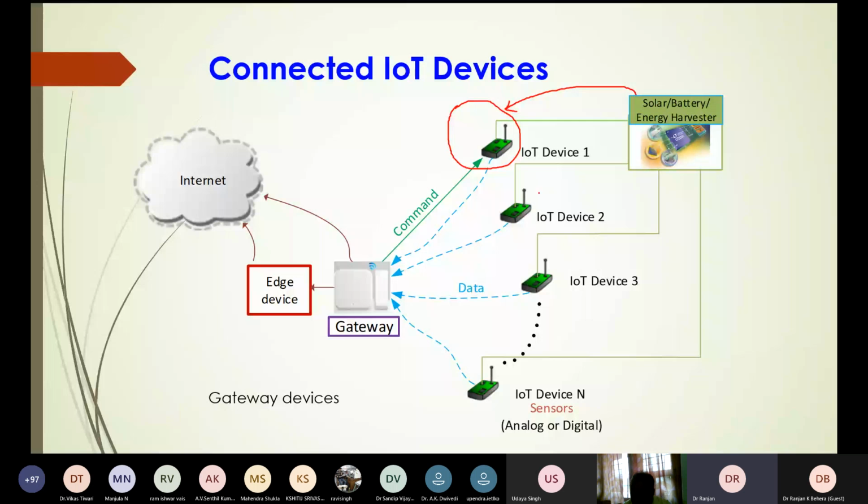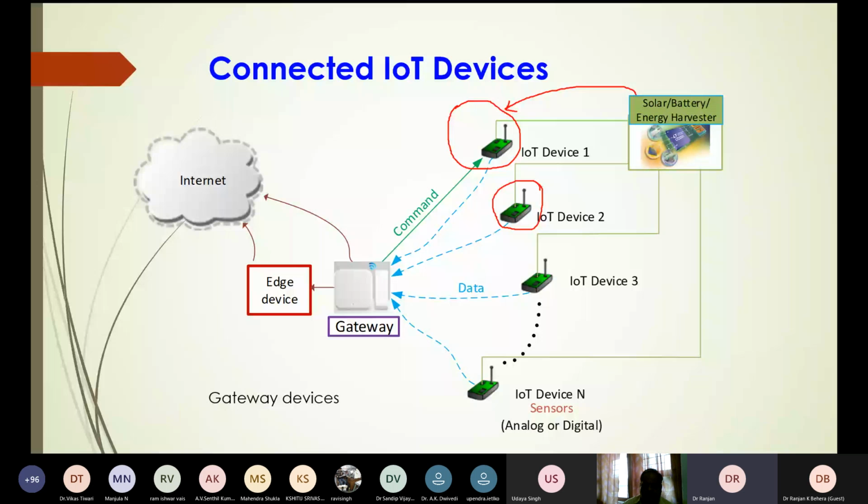And there are n number of devices connected here. Like in your body, you have n number of sensors connected. As soon as you touch any place, it gives information directly to your brain, and according to whether it is good for you or bad for you, the brain gives one output.